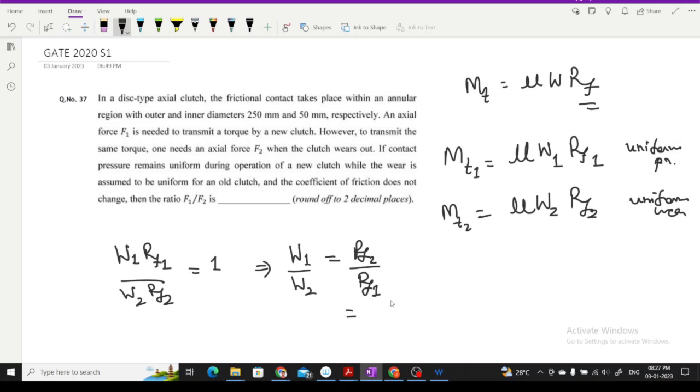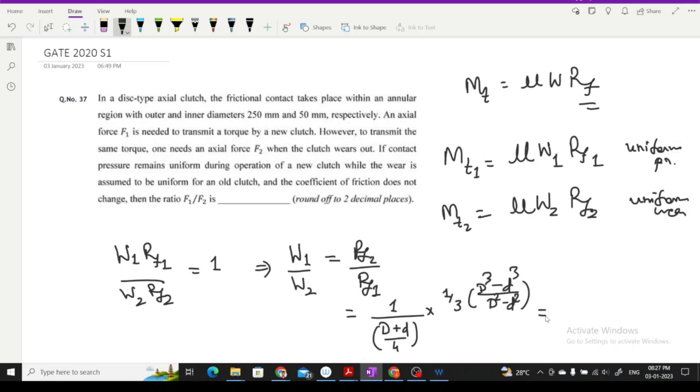Yes, sir. So R_F1 is (D plus d) by 4, is it or not? Yes. Right. So then what is this R_F2? It is 1 by 3 (D cube minus d cube) upon (D square minus d square). Correct?